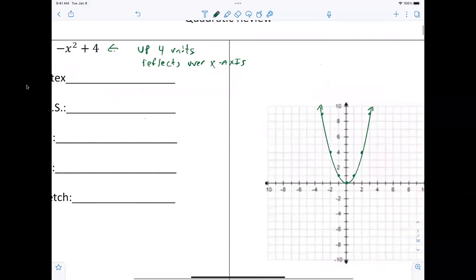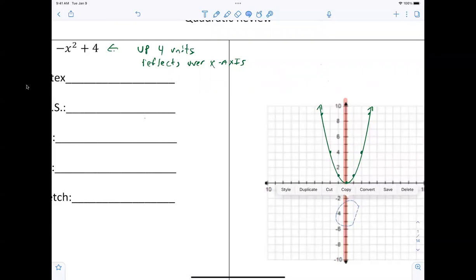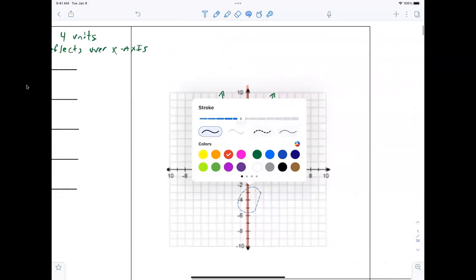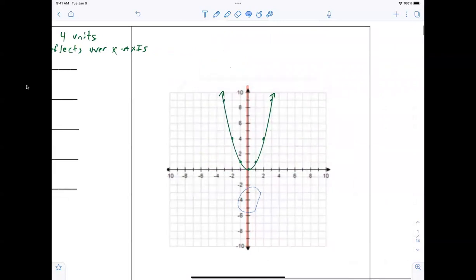Now just a quick little review here. Does everybody remember this right here where it splits the graph in half? Does everybody remember what that's called? It's definitely not the vertex. We say it is the what? Axis of symmetry.